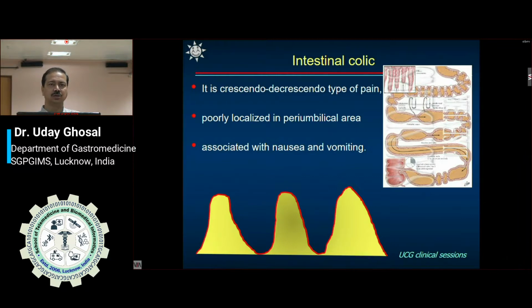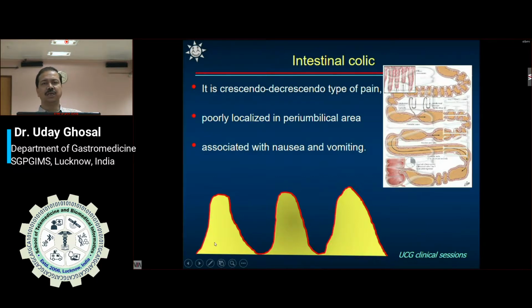Then again rise, go to the maximum intensity, and come down. Again rise, go to the maximum intensity and come down. Typically, this period of rise to the maximum intensity will be over maybe 10 to 15 minutes, and then the fall will occur.